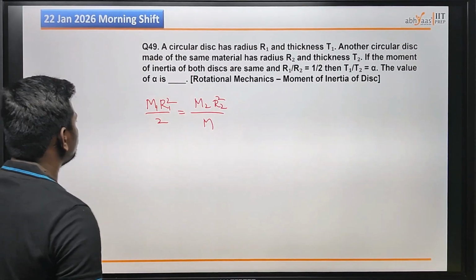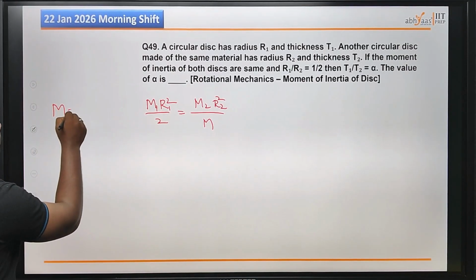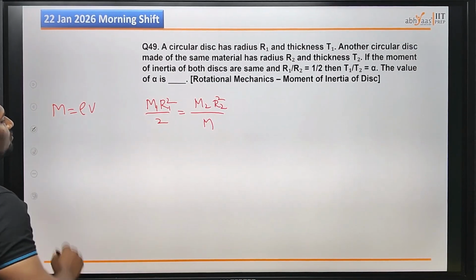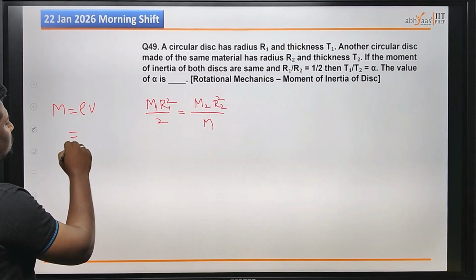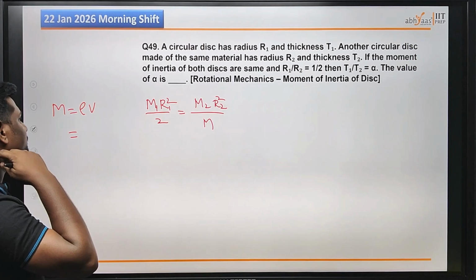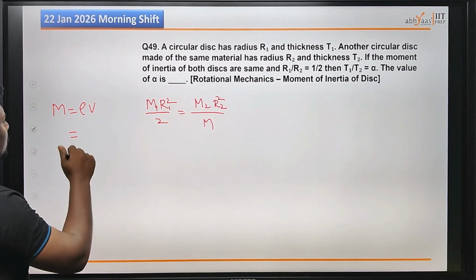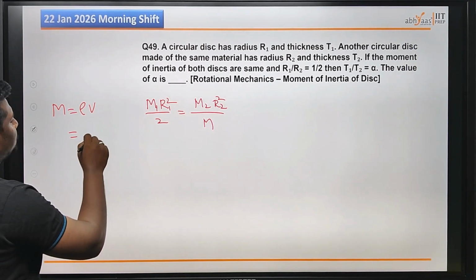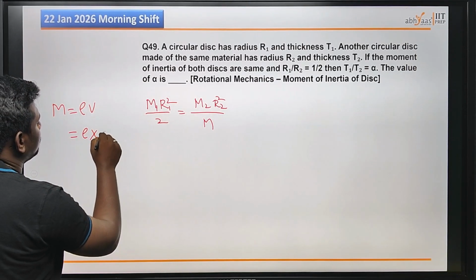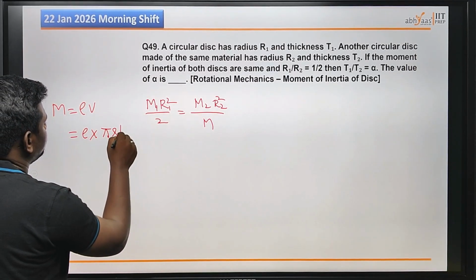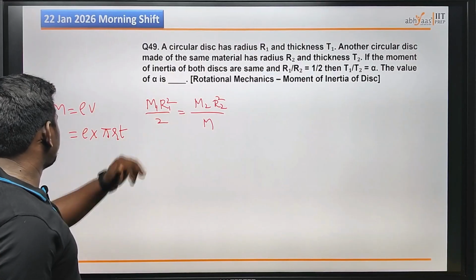What do you have to take? Mass equal to rho into volume, that is rho into pi r square t. So substitute this one.